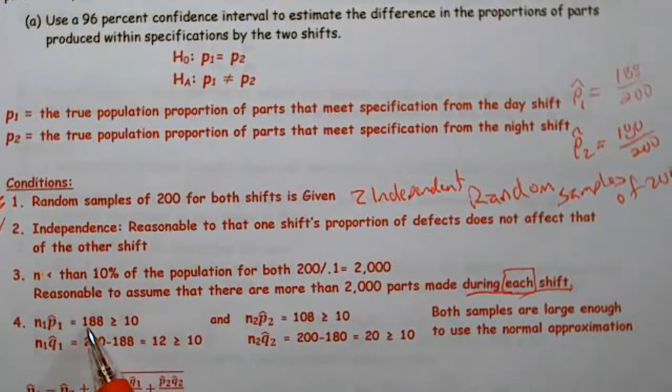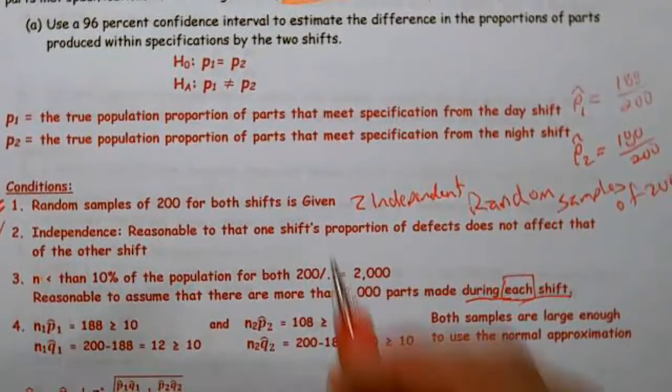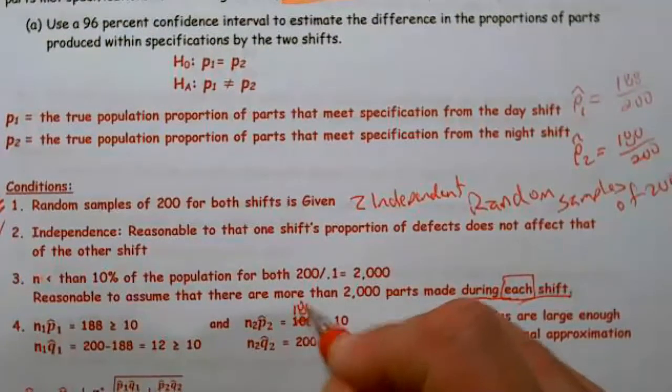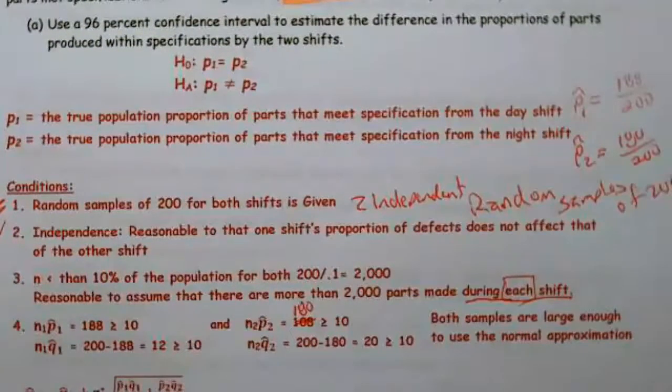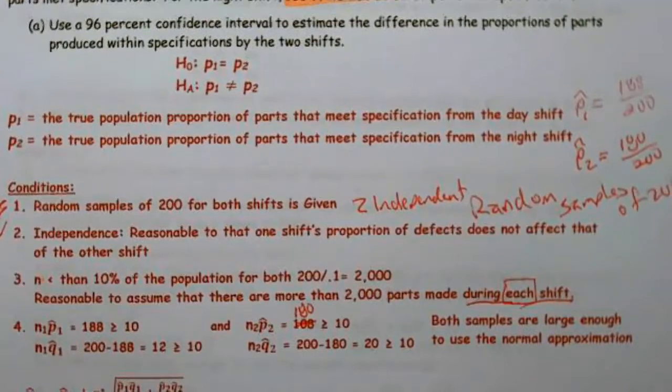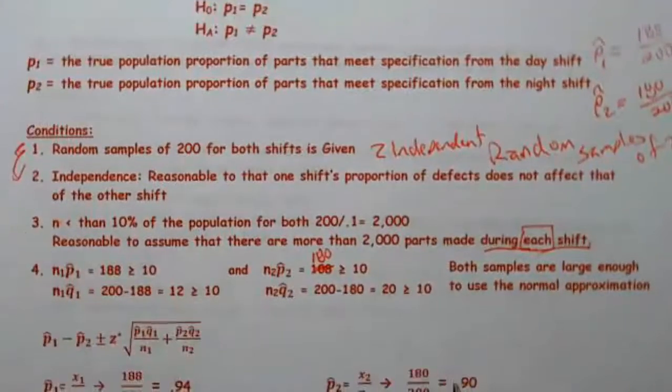Well, they tell me that I had 188 good parts in the daytime, which means I had 12 bad parts in the daytime. At nighttime, I had 180 good parts at night. That means I had 20 bad parts at night. Since all four of them met the criteria, both samples are large enough to use a normal approximation.